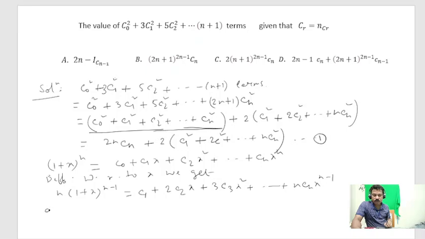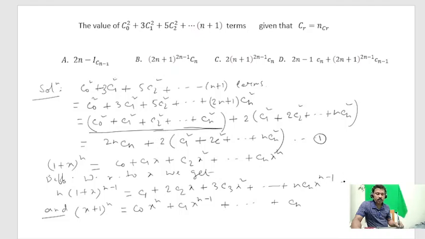And we may write this in the reverse order, that is x plus 1 whole to the power n equals C0 x to the power n plus C1 x to the power n minus 1 plus and so on to Cn.